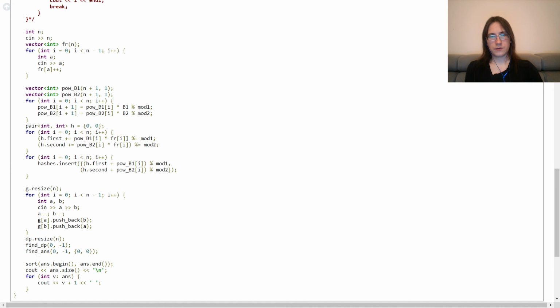I take every frequency times the corresponding power of B and add it to the first hash and the second hash. Then I try to add all the possible values from 0 to n minus 1 into the set and see what hash I get, and add this hash into the set of hashes.